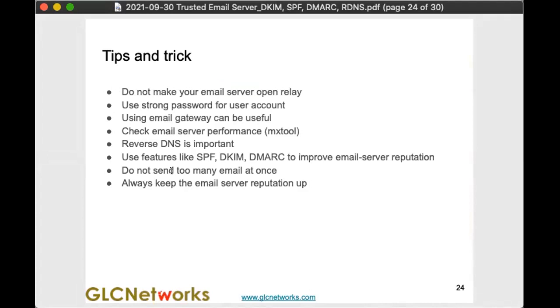Do not send too many emails at once. Even though you are 10 out of 10, if you are sending many emails, that is not good. In our system, usually we send several emails every minute, so we are using a cron job for that to keep the email reputation up.